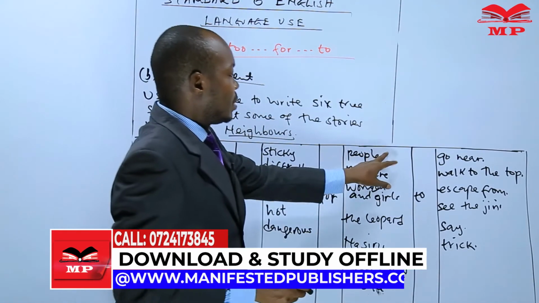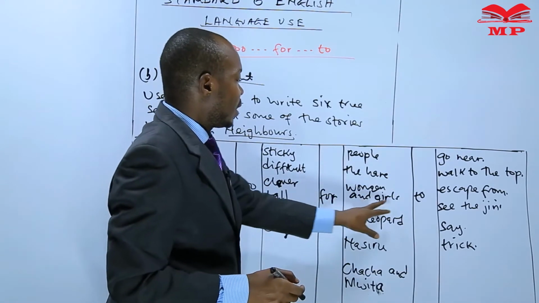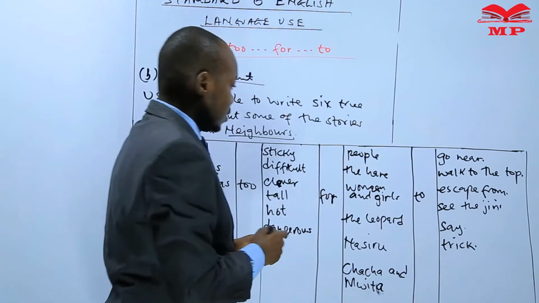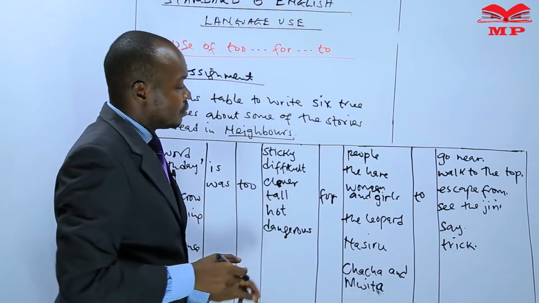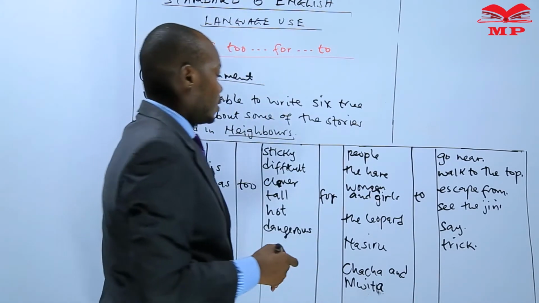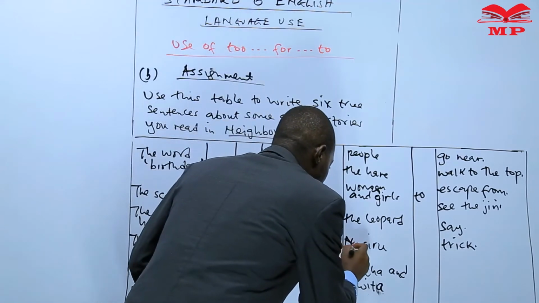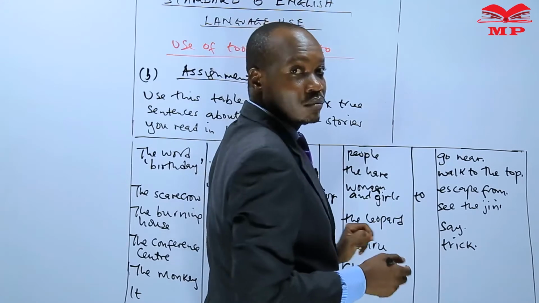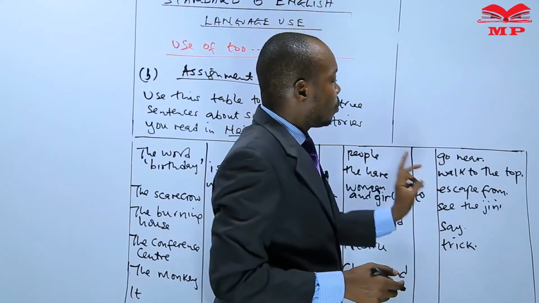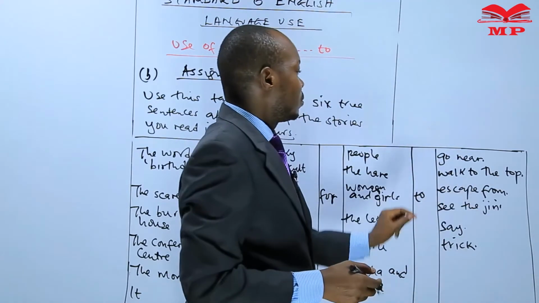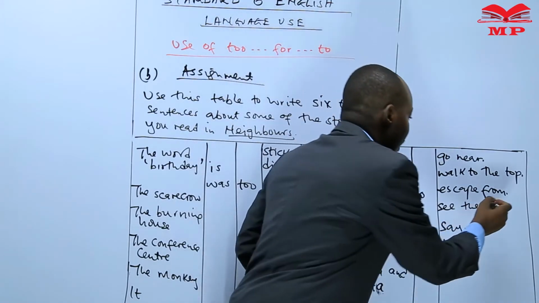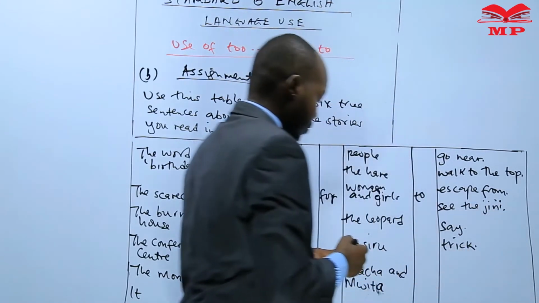Then this column we have people, the hare, women and girls, the leopard, Nasiru, Church and Mwita. We have here go near, walk to the top, escape from, see the genie, say, and lastly trick.